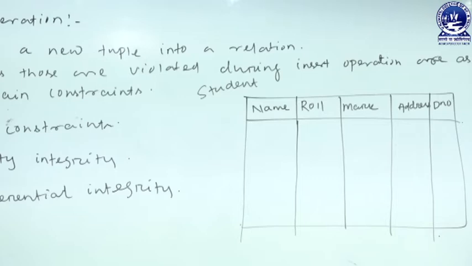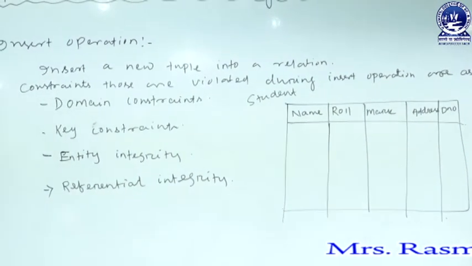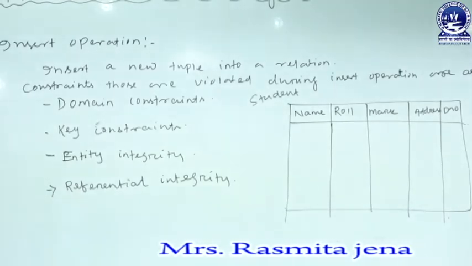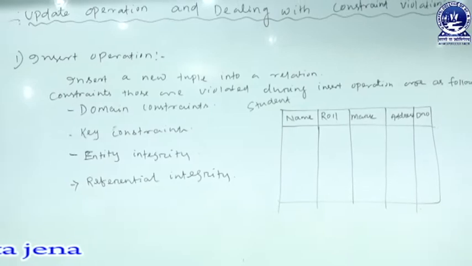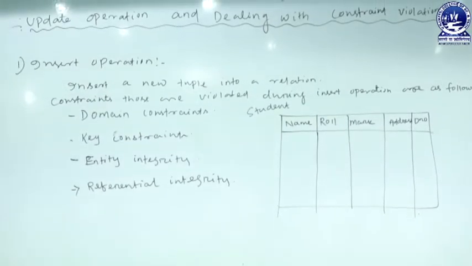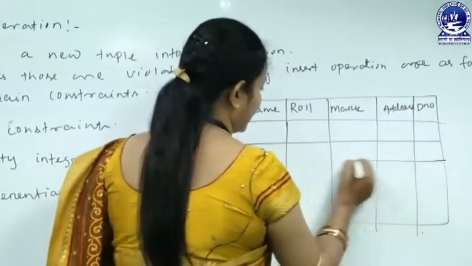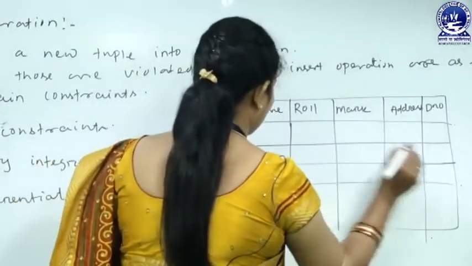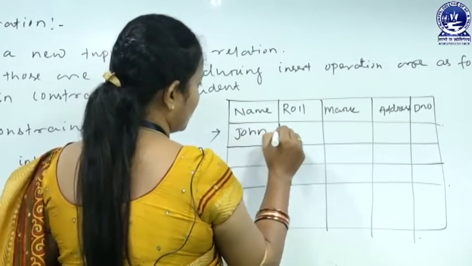In case of domain constraint, it specifies that if one attribute value provided for the new tuple is not of the specified attribute domain, it is a violation. We know that the roll number has data type number. Suppose one tuple is inserted, that is name is John and roll is 1.